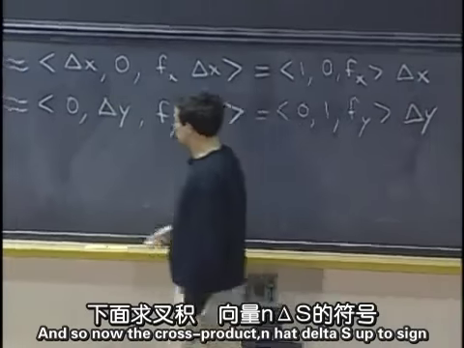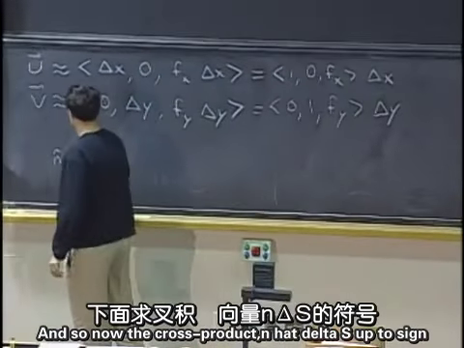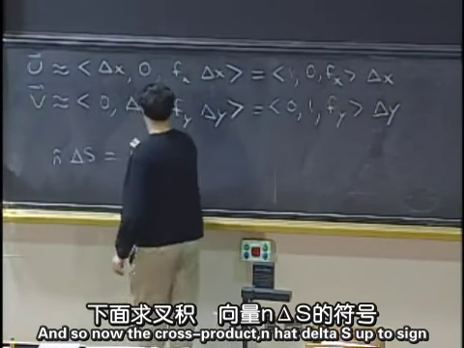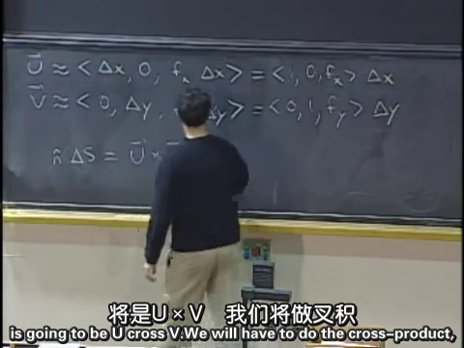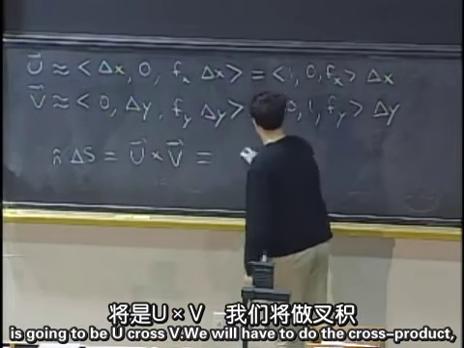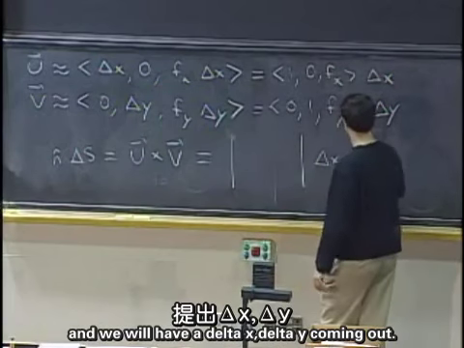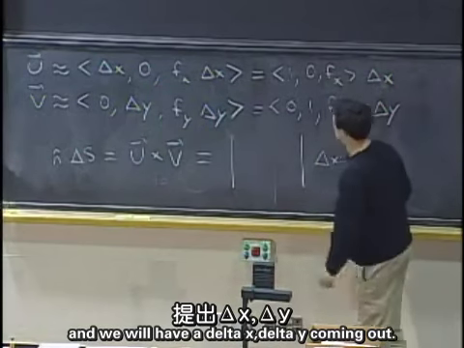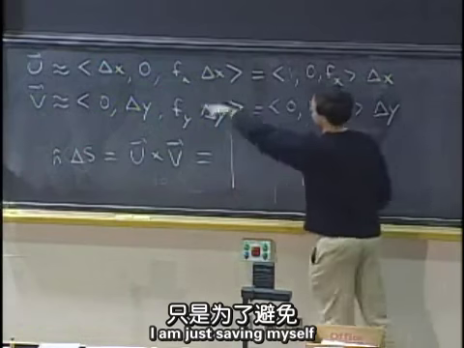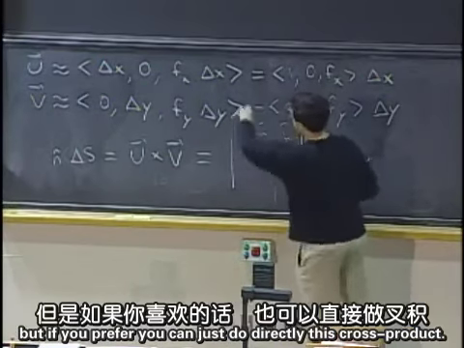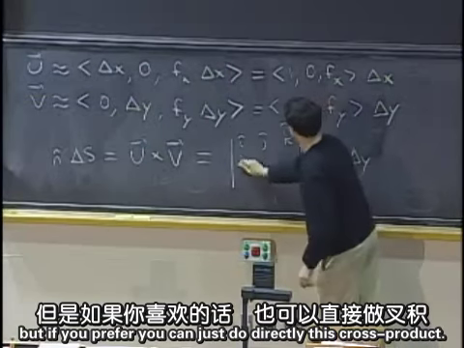And so now the cross product, n hat delta s, up to sign, is going to be u cross v, and we'll have a delta x delta y coming out. I'm just saving myself the trouble of writing a lot of delta x and delta y's, but if you prefer, you can do this cross product directly.